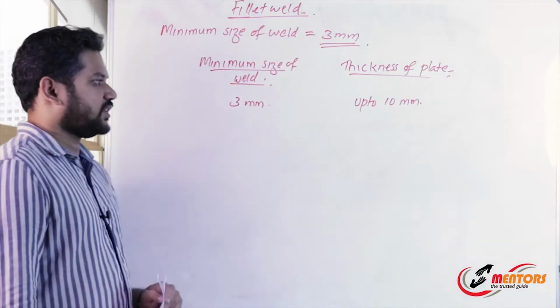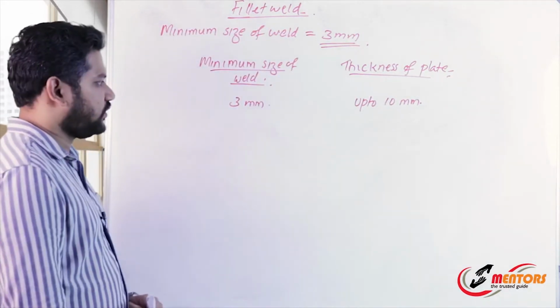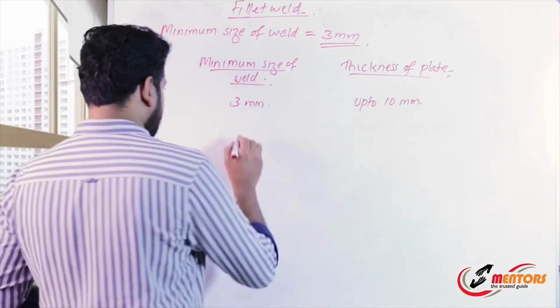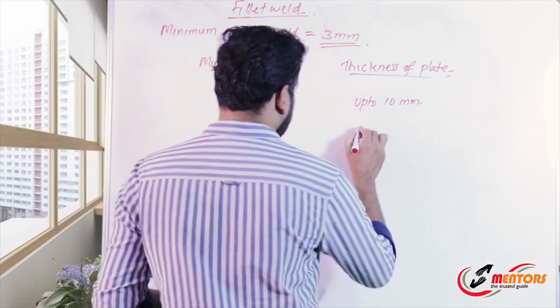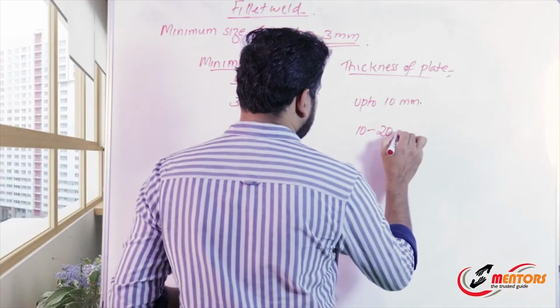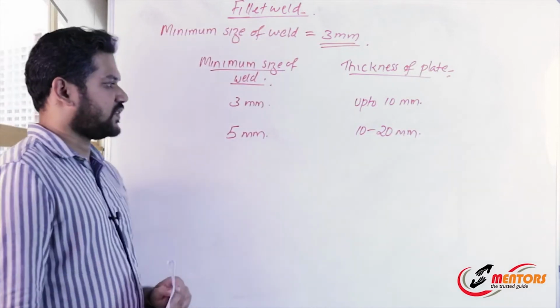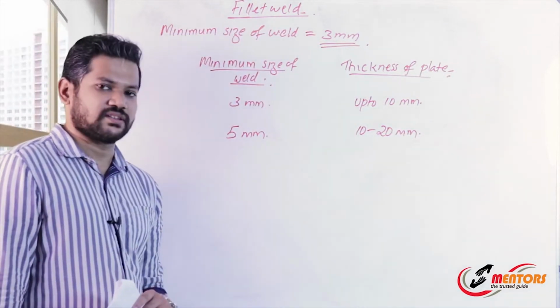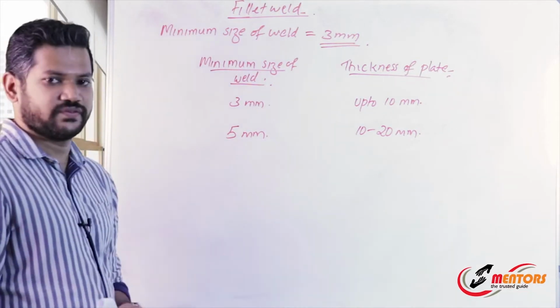Then it will be taken as 5 mm when the thickness of the plate ranges between 10 to 20 mm. That is the next point. When the thickness of the plate ranges between 10 to 20 mm, the minimum size of the weld will be adopted as 5 mm.